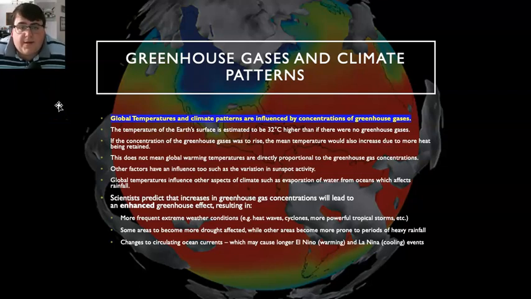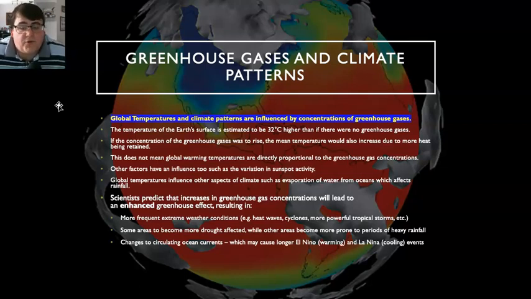Sunspot activity. Now, the global temperatures of our Earth will also influence other aspects of climate, such as the evaporation from water, which affects the rainfall, etc. And this is why scientists have predicted that an increase in greenhouse concentrations will lead to an enhanced greenhouse effect, which means we'll have more frequent extreme weather conditions. So we'll have more heat waves, more cyclones, more powerful tropic storms.